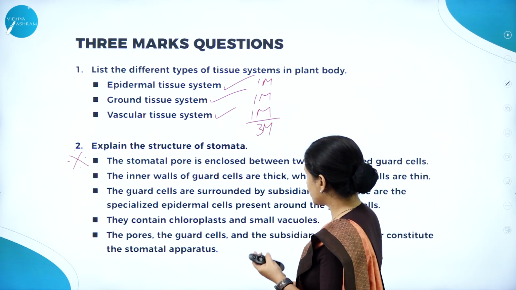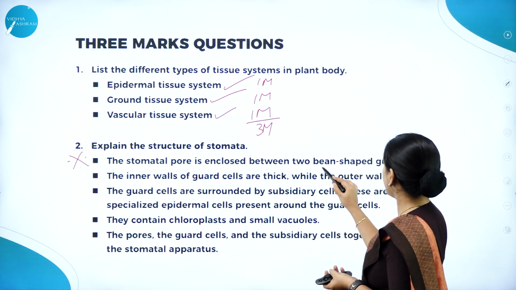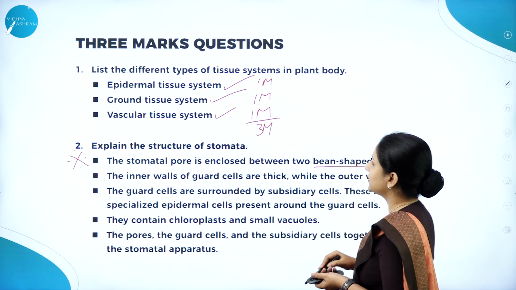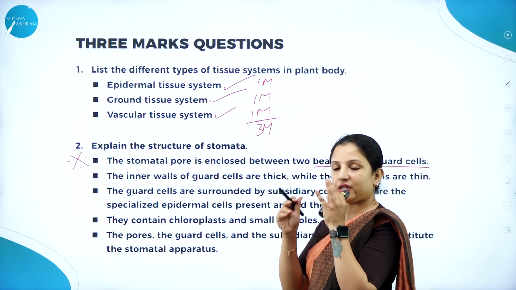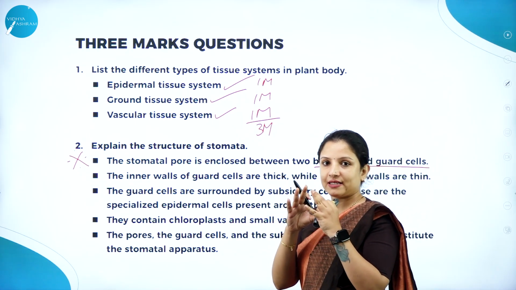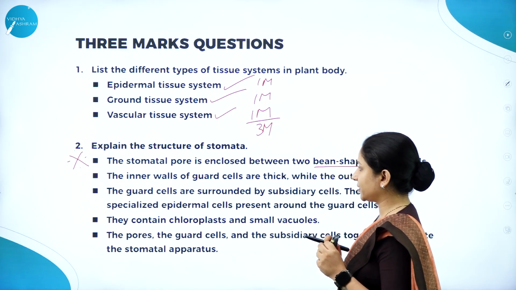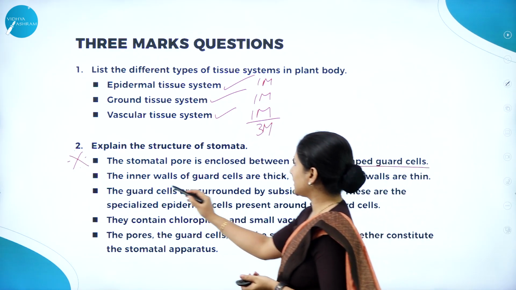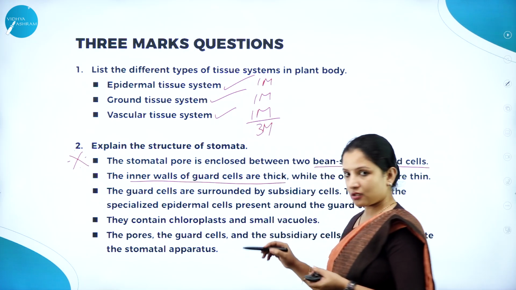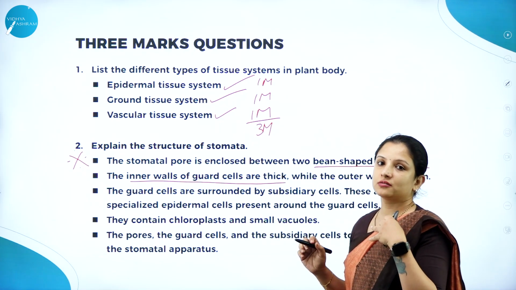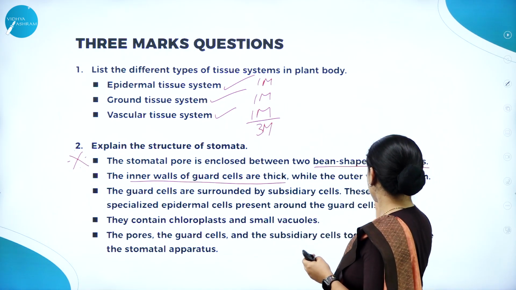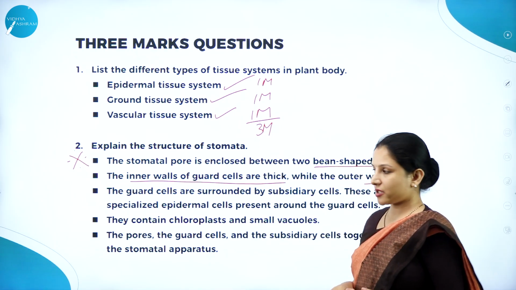The stomatal pore is enclosed between the 2 bean-shaped guard cells. The inner walls of the guard cells are usually thick, whereas the walls towards the outside of the guard cells are usually thin; you have to mention that.